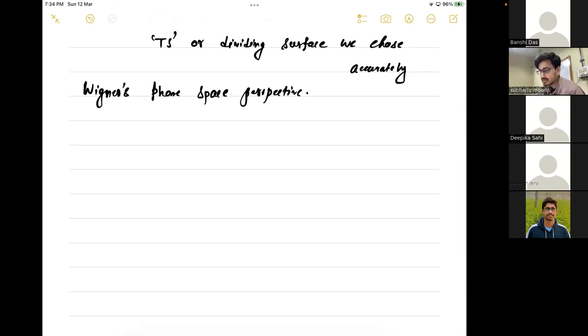Phase space is a space of all the coordinates and the momenta. So it is basically QP space. It can be high dimensional or it can be two-dimensional also. For a 1D system, the coordinate is just q and the momentum is just p, so for the 1D case, QP space is the phase space.